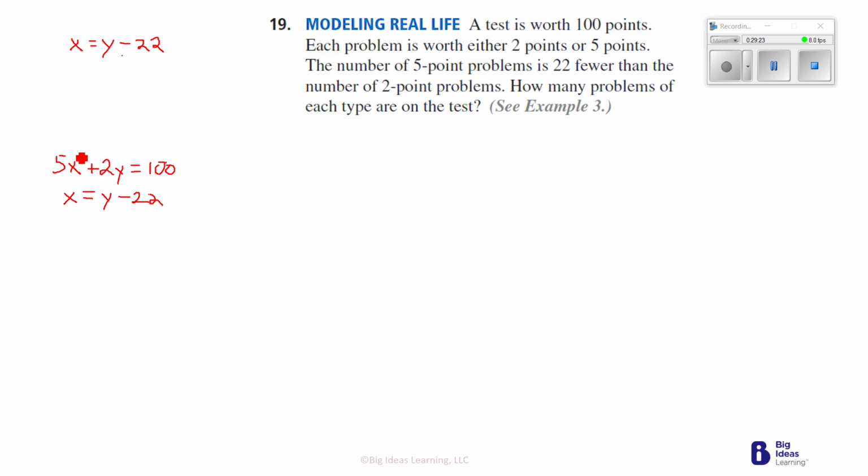I'm going to replace x right here with all of this. So when I rewrite this, it's going to be 5 times y minus 22, plus 2y is equal to 100.